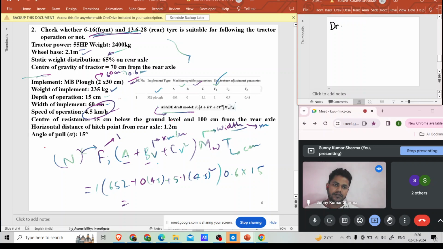What value of draft you got? What value of draft you got, Sivarman?